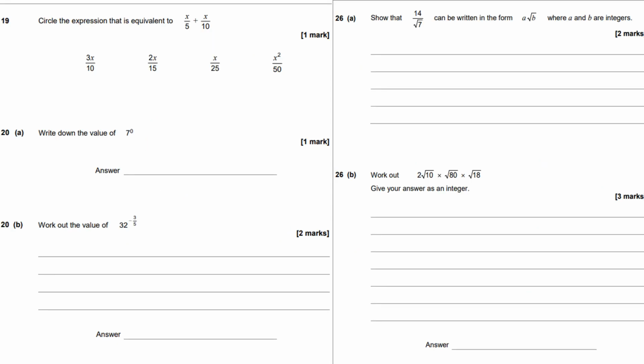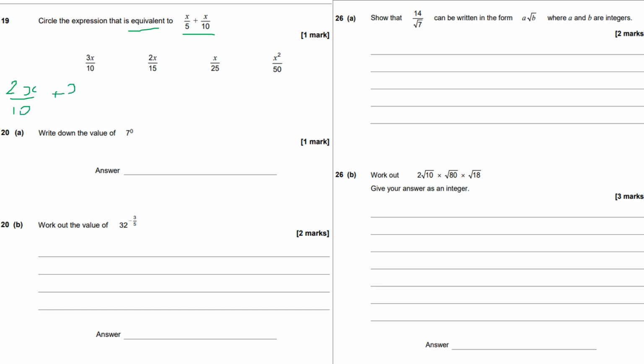Question number 19, jumping a bit here. Circle the expression that is equivalent to x/5 plus x/10. So we're adding algebraic fractions, so I've got to have a common denominator. I'm going to change this x over 5 into tenths by timesing top and bottom by 2. So I get 2x over 10 plus x over 10.